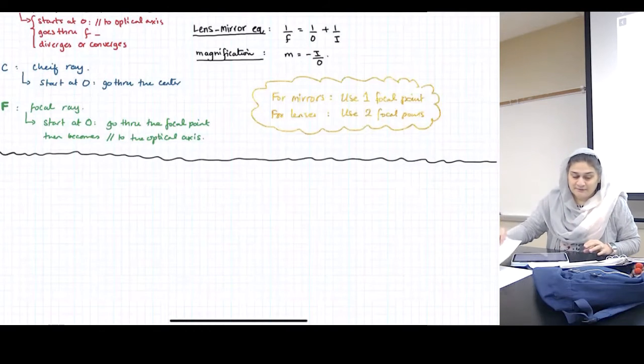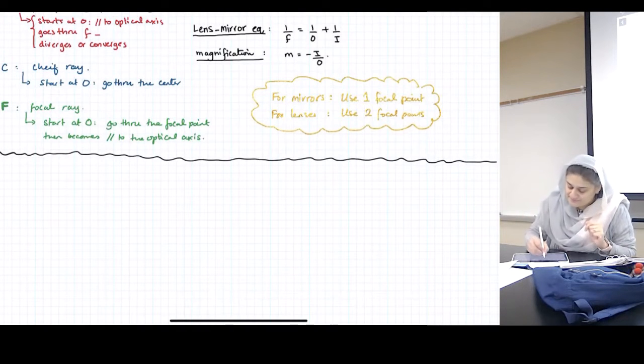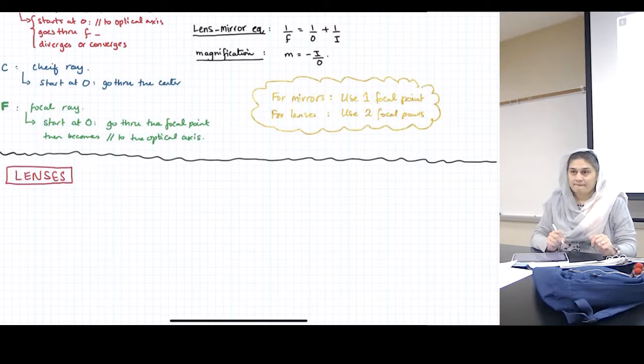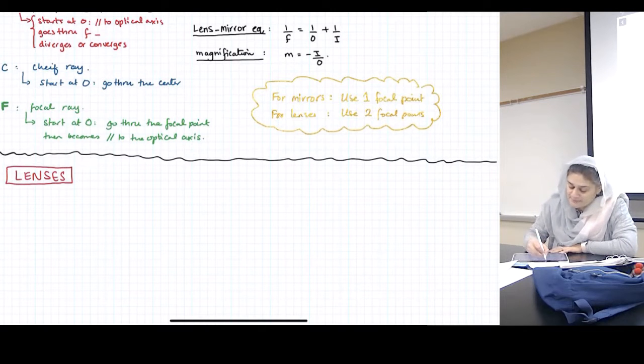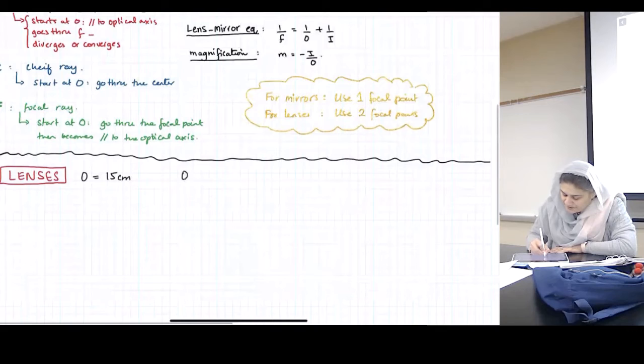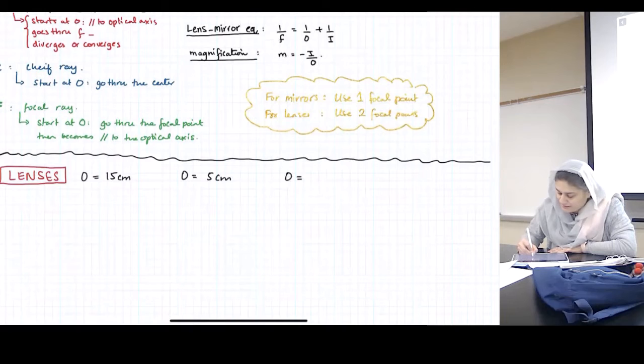So the first one, let's look at lenses. We are going to use these combinations. My object is going to be at 15 centimeters, at 5 centimeters, at -5 centimeters, and at -15 centimeters.